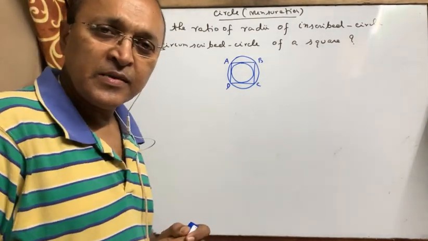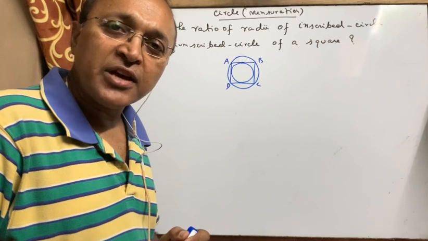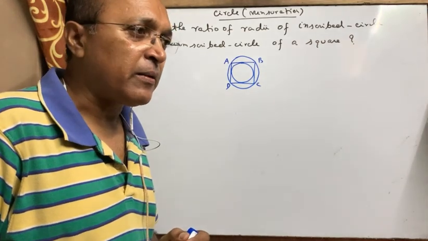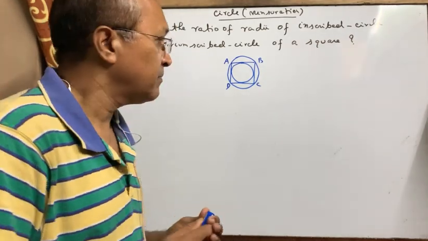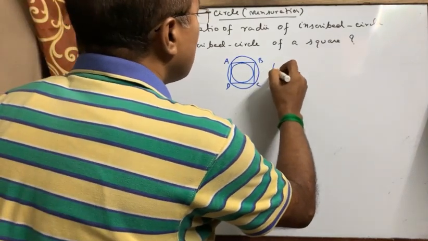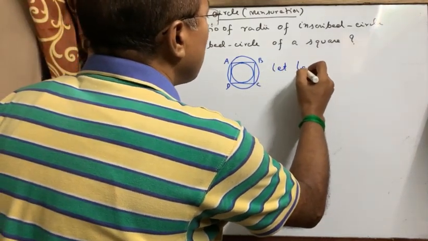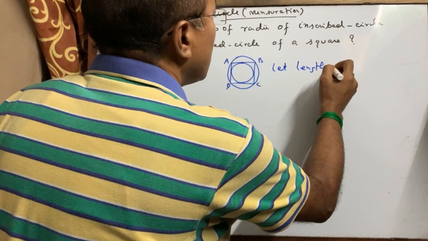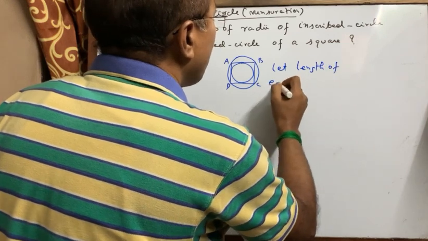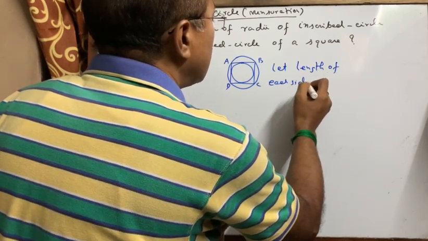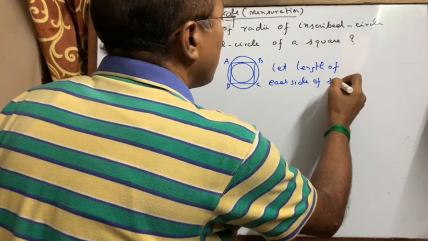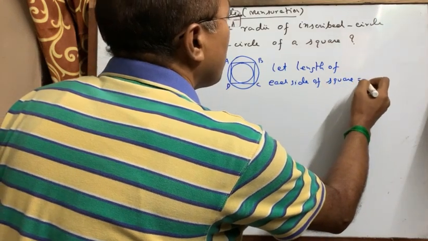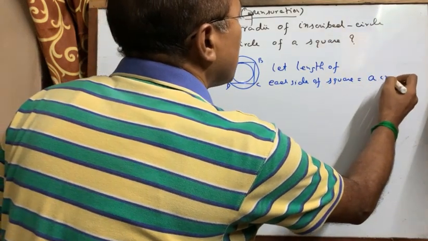Let the length of each side of the square be a centimeter.